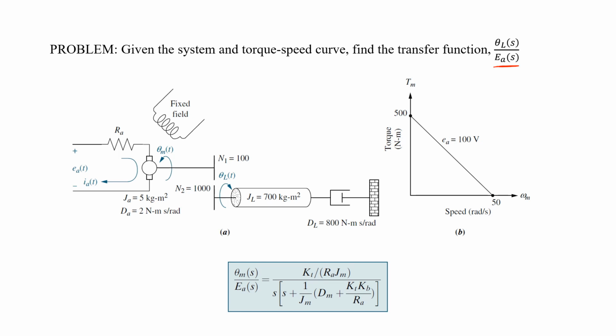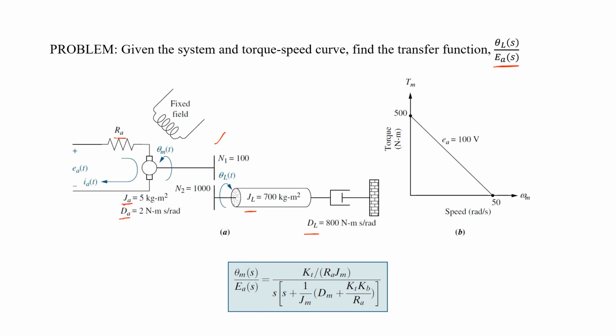If we look at the schematic closely, Ra is the armature resistance, and here we have taken La equals to 0. We are given the armature inertia and the armature viscous damper. We know the gear ratio, and also we have the load inertia and load viscous damper available.